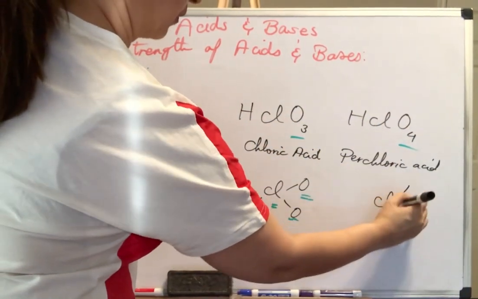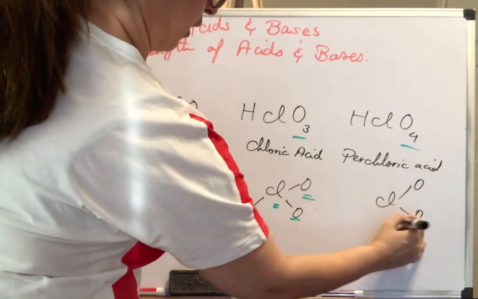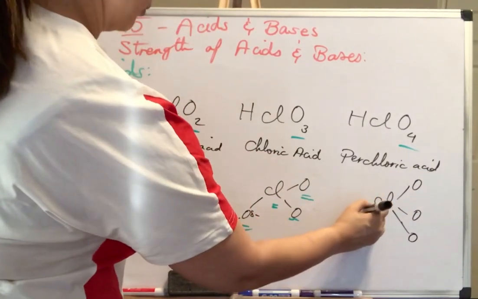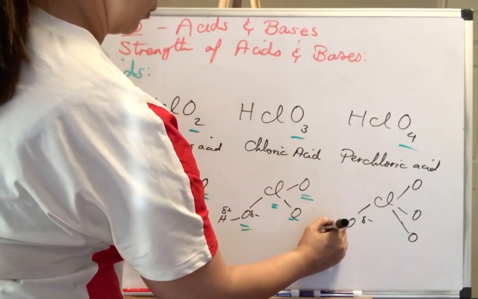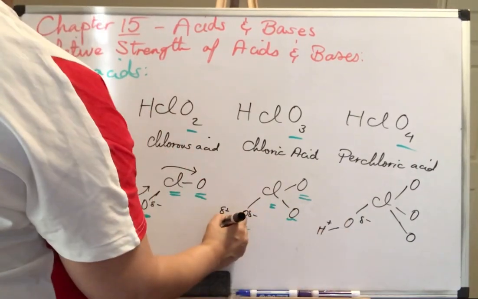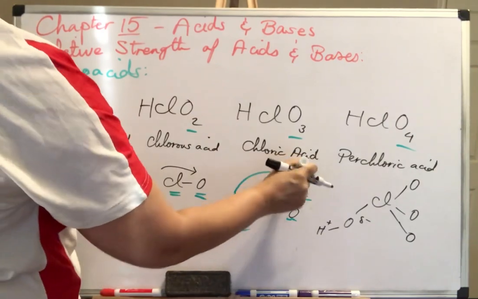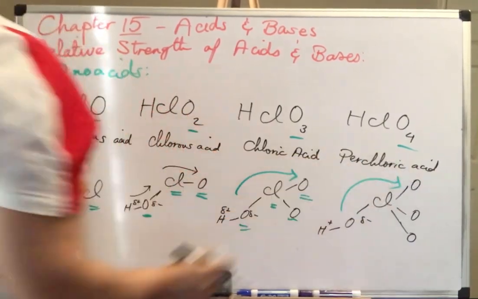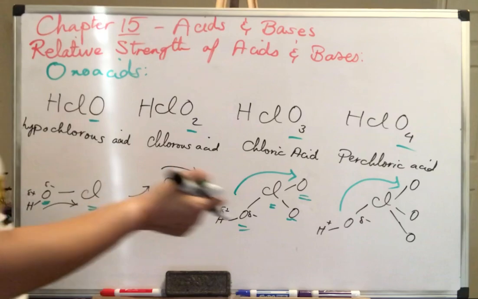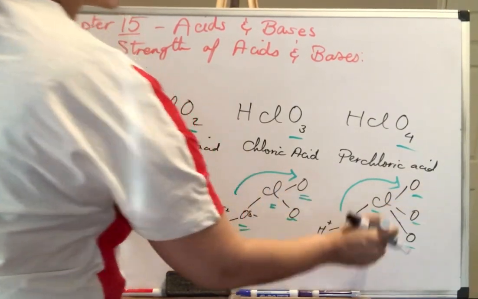And now all of these elements are pulling the electrons towards themselves. So you have 1 chlorine and 4 oxygens.